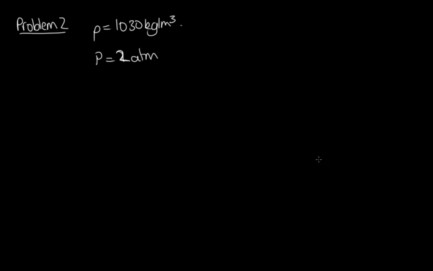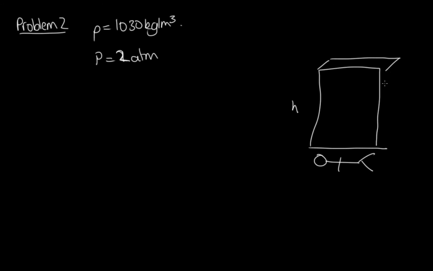We do this one in a very similar way to the last question. We've got our diver, he's at some depth h that we want to find. There's 1 atmosphere of pressure acting from the atmosphere, and so we need the pressure due to the water to also be 1 atmosphere. So P total is equal to the pressure due to the atmosphere plus the pressure due to the water.